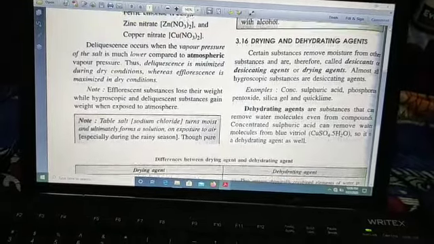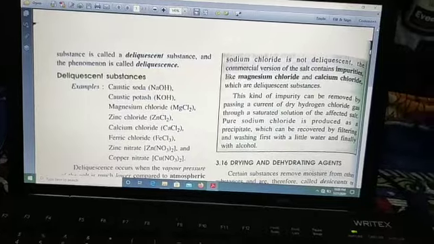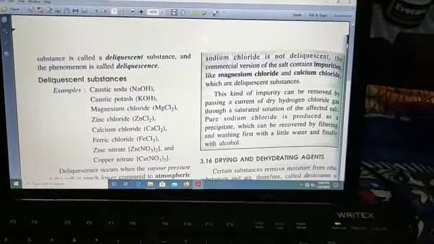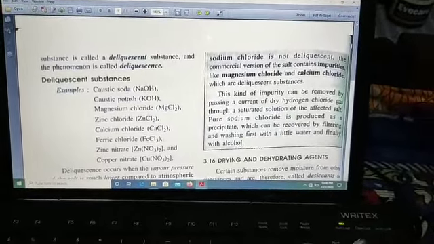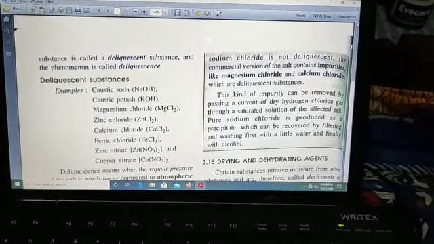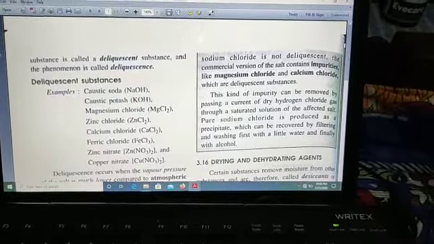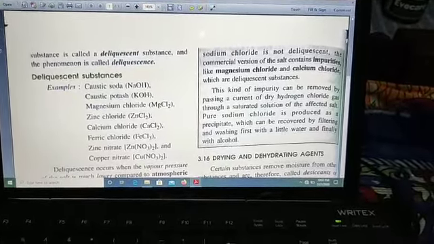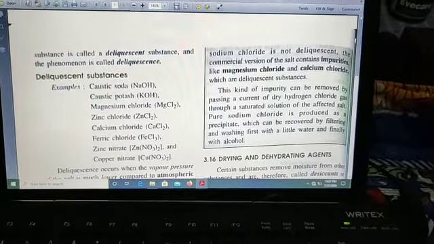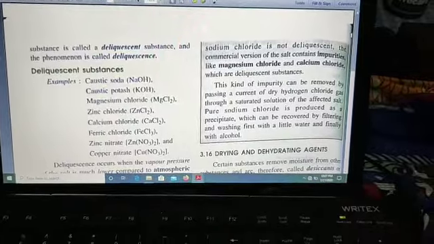The reason is that pure sodium chloride is not deliquescent, but the commercial one contains impurities like magnesium chloride and calcium chloride, which are deliquescent substances. So they absorb moisture from the atmosphere to become moist and ultimately form a saturated solution.